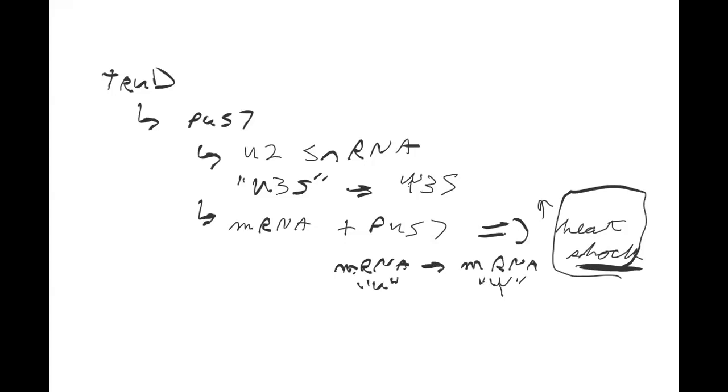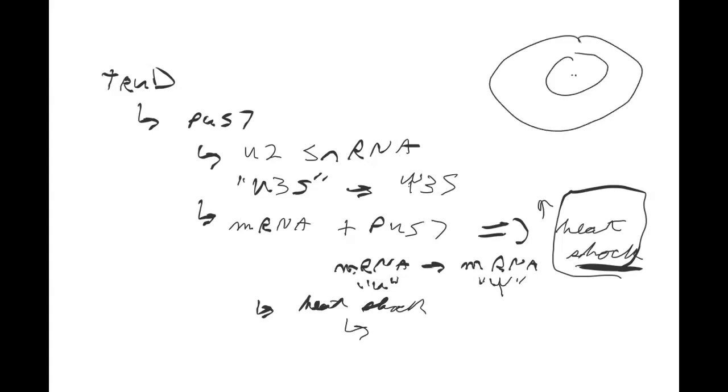When it's moving from, so what happens is that there's this heat shock, right? And that you have this messenger RNA being made in this nucleus, right? Okay, this is the nucleus, and you have this messenger RNA being made in the nucleus, and it's being transported out. When it's getting transported out, there's a heat shock.